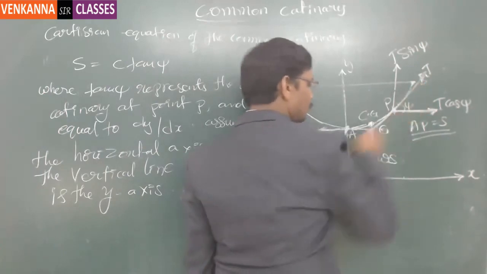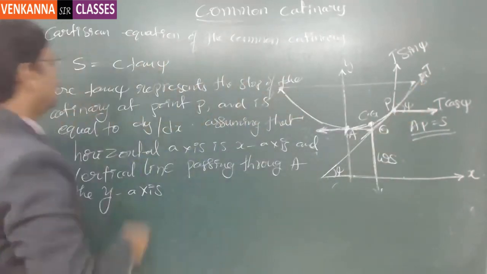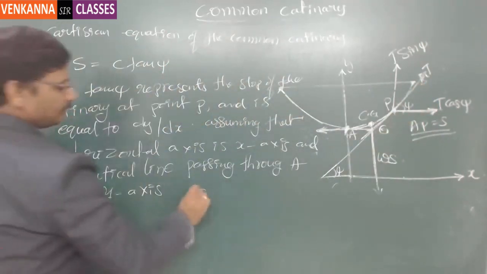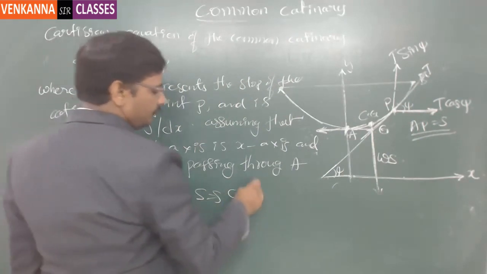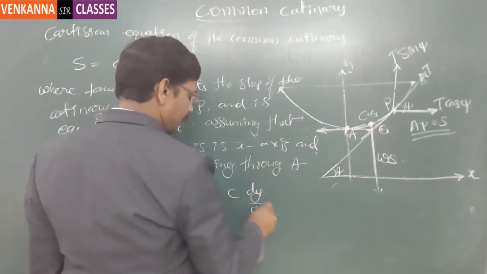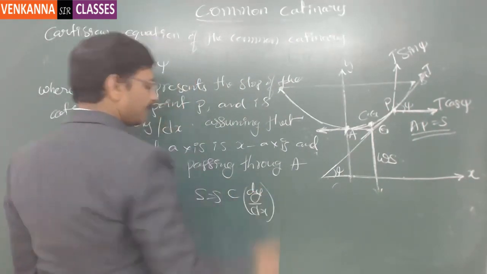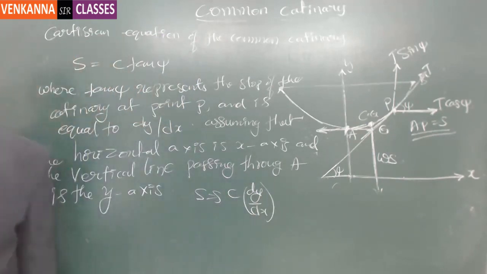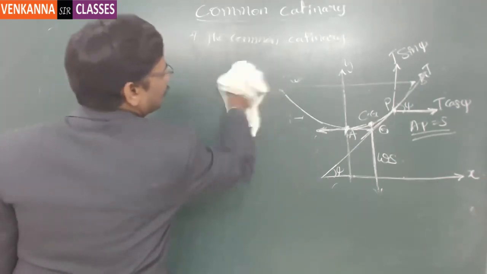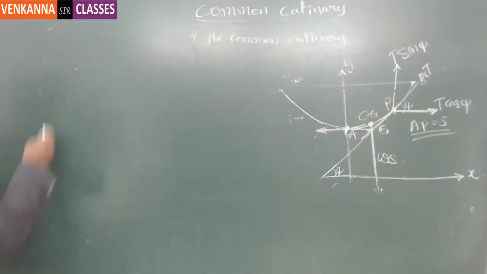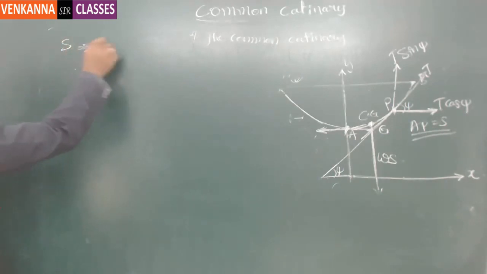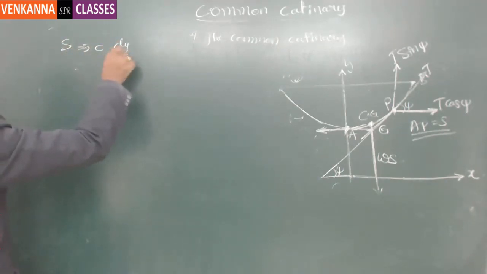So this is nothing but the slope of this tangent, which is equal to dy by dx. Then S can be called C times dy by dx. You note down this, we are going to erase it and then write it. Now this equation we have got in the simple form, S is equal to C times dy by dx.